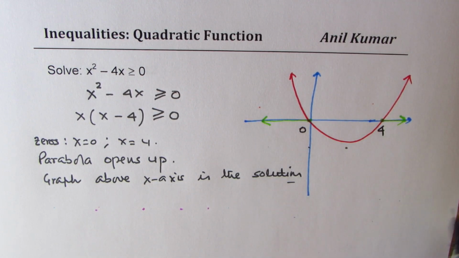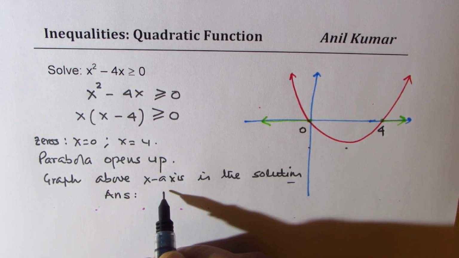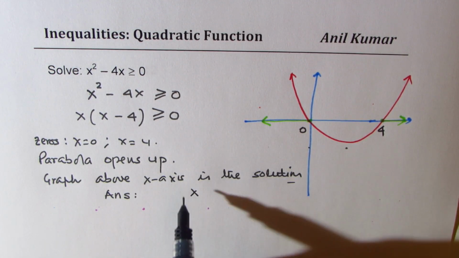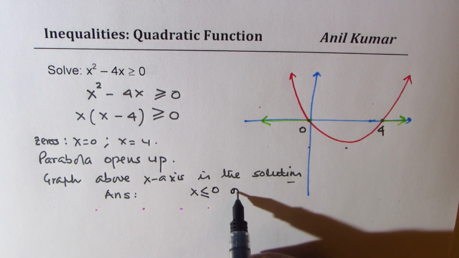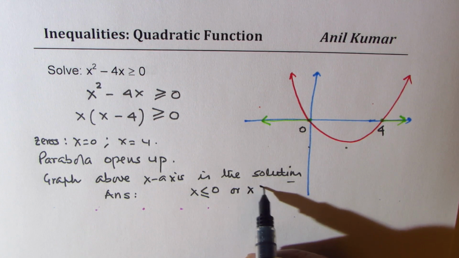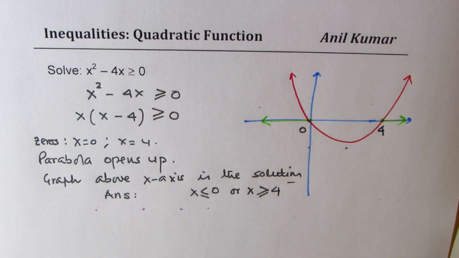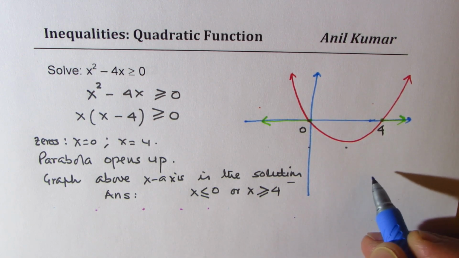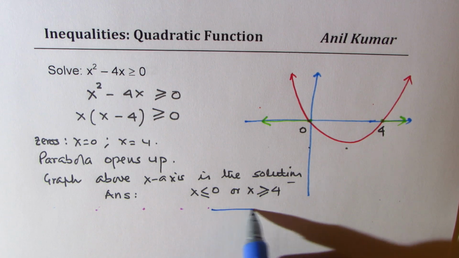So what we see here is that our answer is that x is less than or equal to 0, or x is greater than or equal to 4. On a graph, we can show it like this. Let's say we have a number line, so we'll draw a number line.